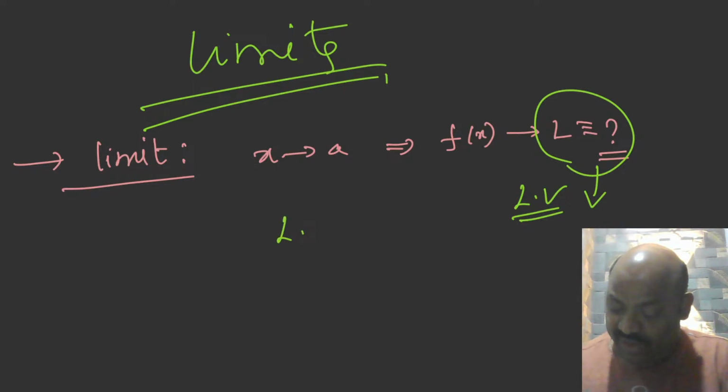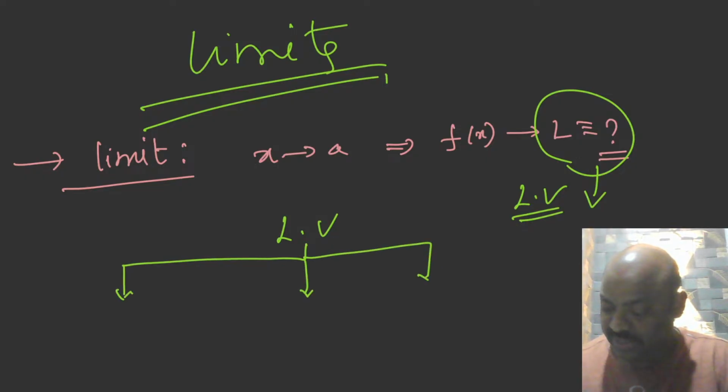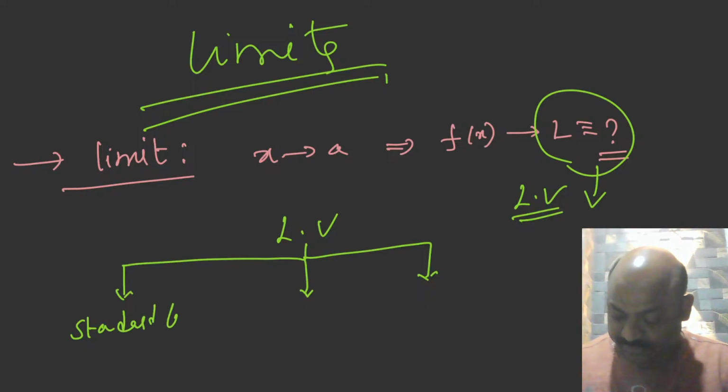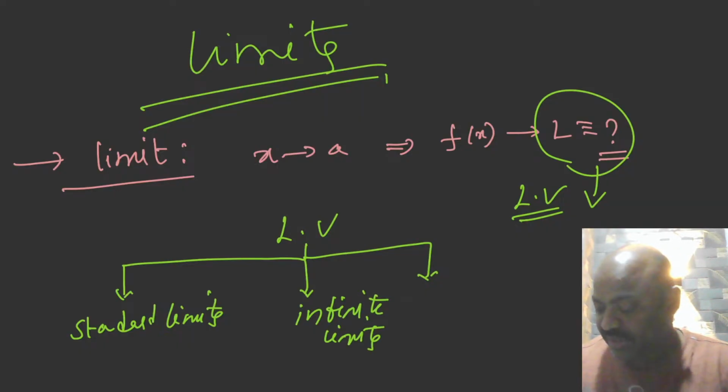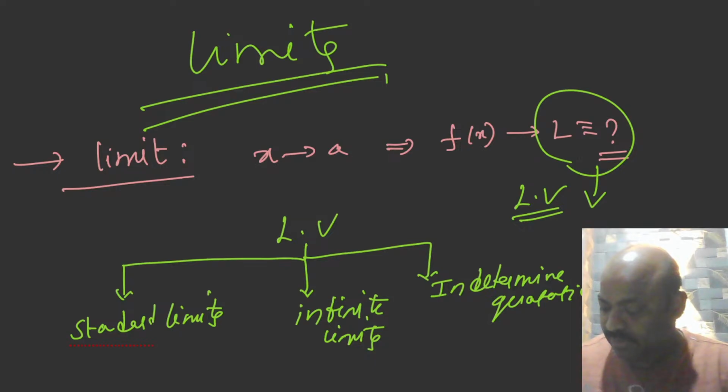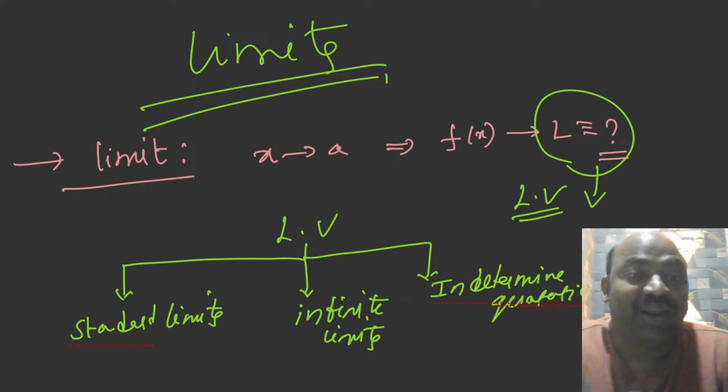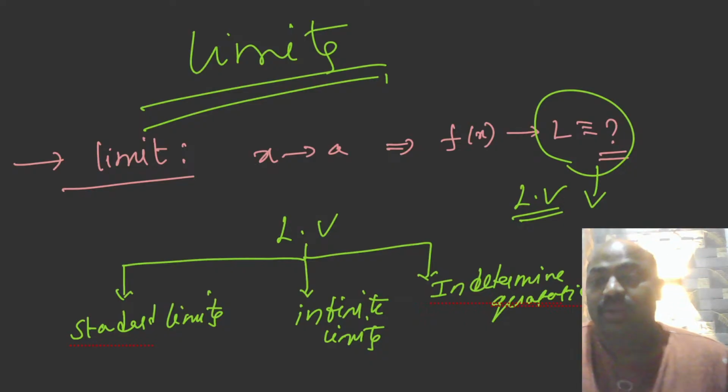The limiting value can be found by using standard limits, infinite limits, and limits of indeterminate quantities. That's it. You have three simplest possible ways to find the limiting value. Can you say what those are? Quickly, try to write very short notes.